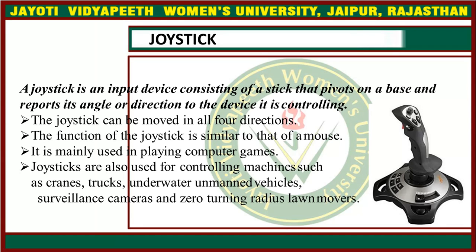The function of the joystick is similar to that of a mouse, and it is mainly used in playing computer games. Joysticks are also used for controlling machines such as cranes, trucks, underwater unmanned vehicles, surveillance cameras, and zero turning radius lawn mowers.